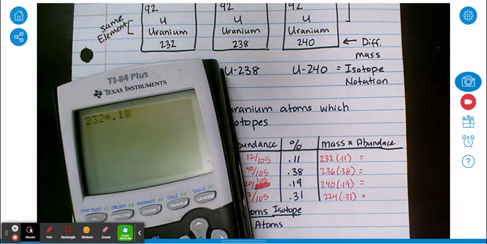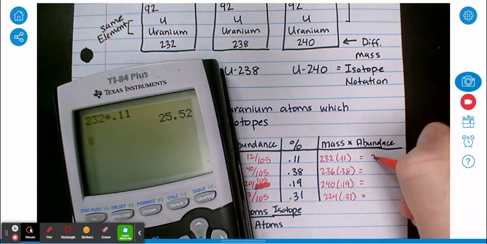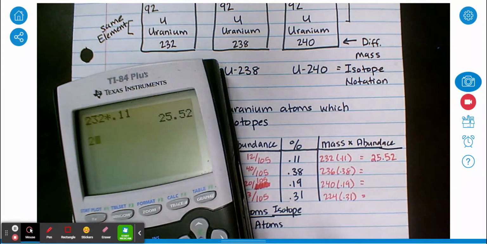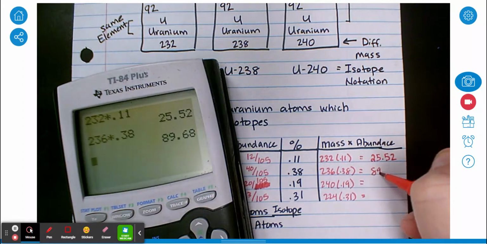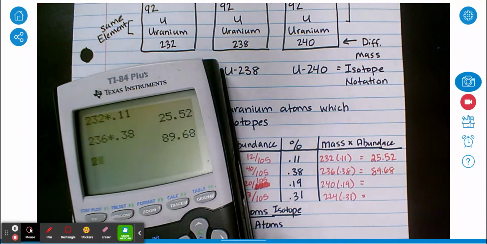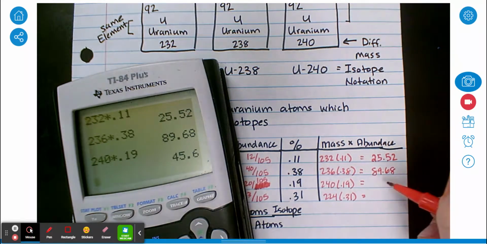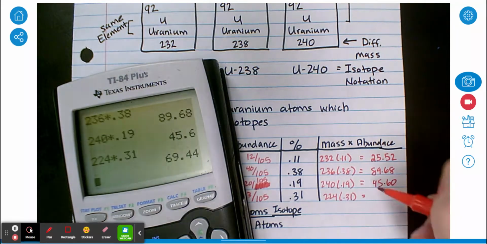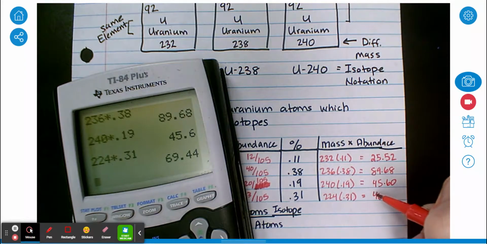232 times 0.11, 25.52, 236 times 0.38, 240 times 0.19, and then 224 times 0.31. Wow.